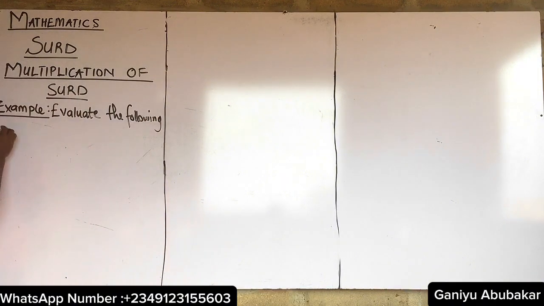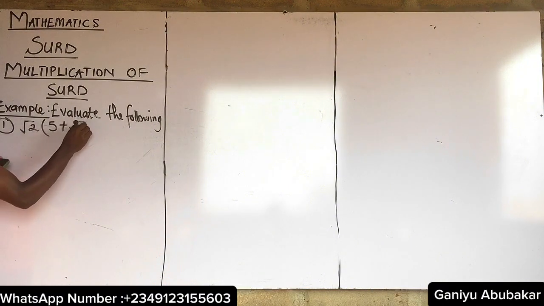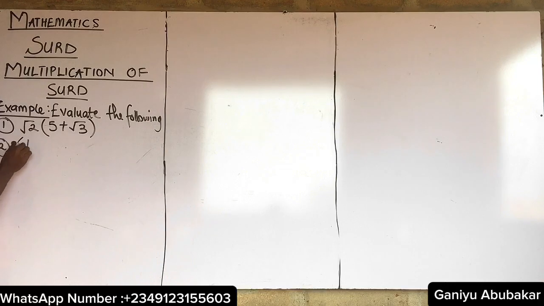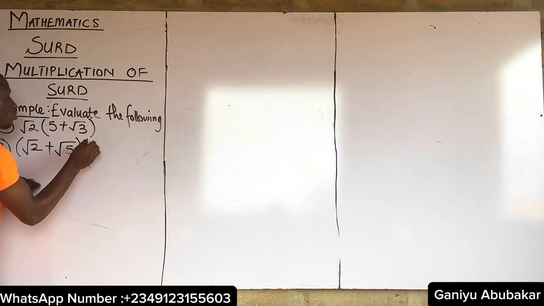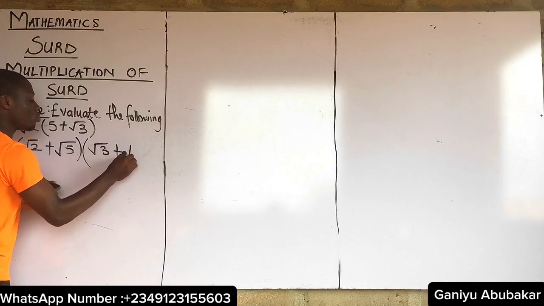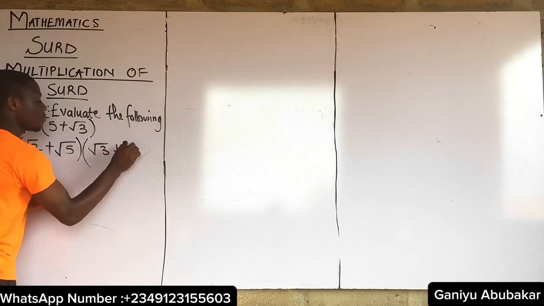Number one, I'm given root 2 multiplying 5 plus root 3. Number two, I'm given root 2 plus root 5 into root 3 plus 6.